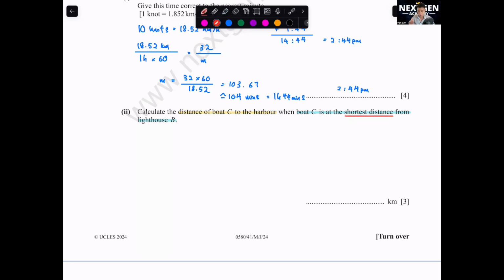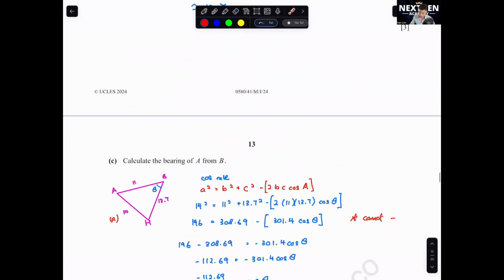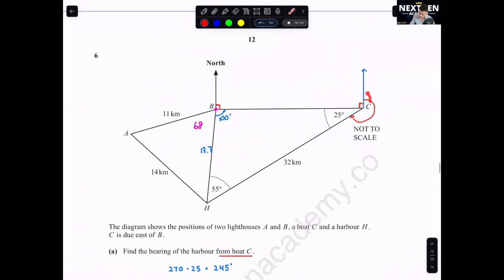Normally when we see the words shortest distance, we need to find the perpendicular distance, because this will give you the shortest distance. So let's do this second part first. Where exactly is the shortest distance between boat C and lighthouse B? This will be the perpendicular distance.